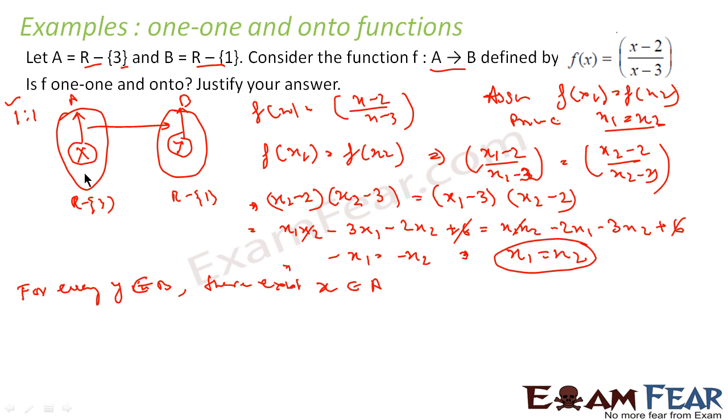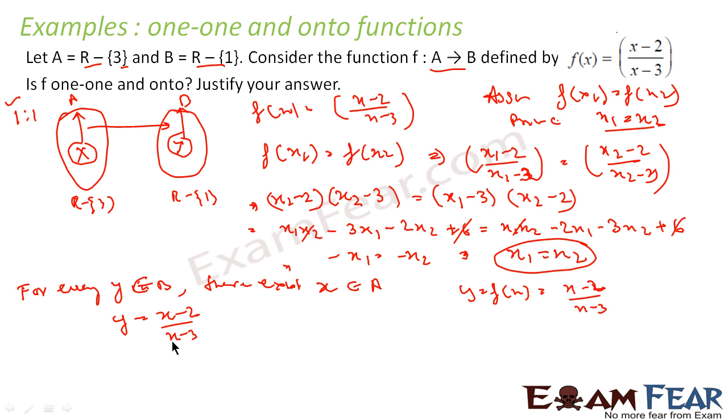So if you take the function, y is equal to x minus 2 by x minus 3. Hence, if you take x here, y will be nothing but f of x. Correct? So we say y is equal to x minus 2 by x minus 3.